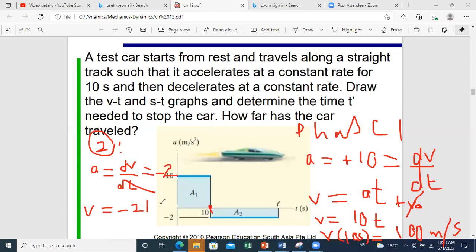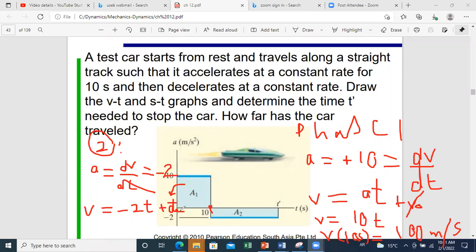Now how to get this constant? Which condition will I use to get this constant? I need a boundary condition. At what point will I use the boundary condition? At t equal 10. Exactly.